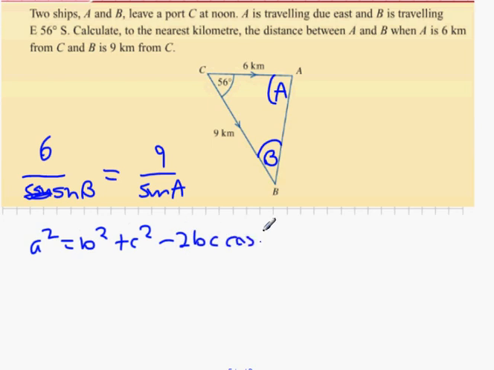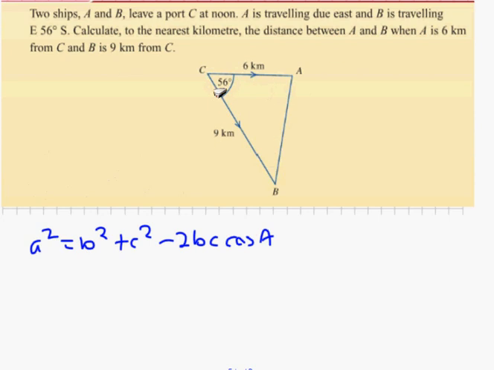So Nick, which one do you want to choose to be angle A? 56. What side is opposite to 56? Which we'll call X. So if big A is 56, what's small a?